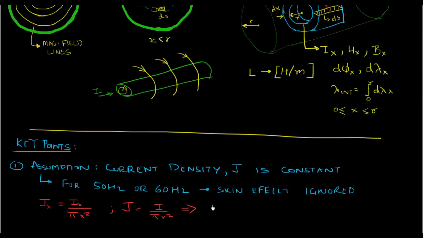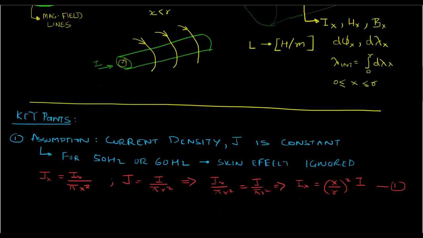So what that implies is I of x over pi x square is equal to I over pi r square, and what that gives us is I of x is equal to x square over r square times I. This is going to be our first equation, and we're going to use this down the line.